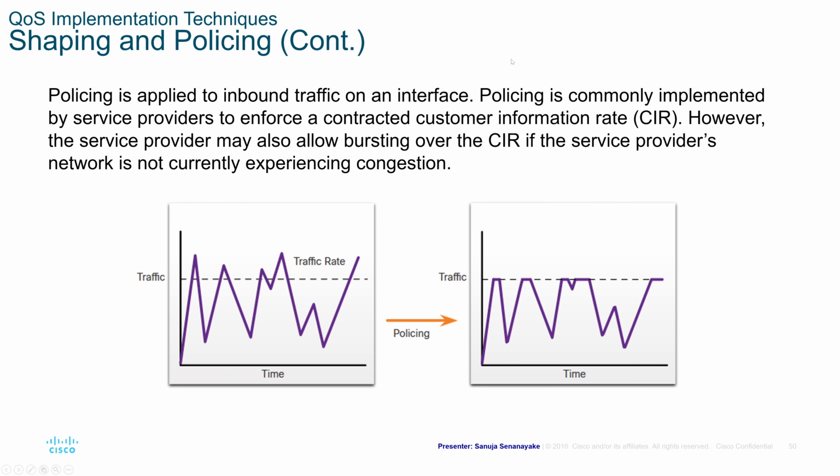For example, if you have a cable internet service provider and you are connected to your neighborhood cable loop, you will have this contracted customer information rate, or CIR, implemented by the traffic policing mechanism on the inbound traffic.